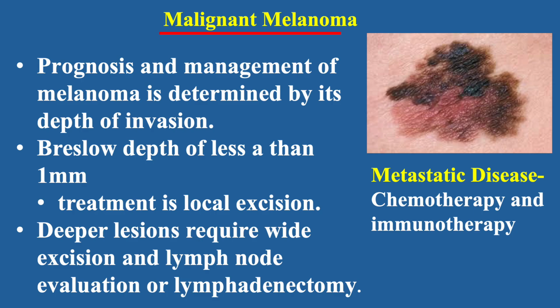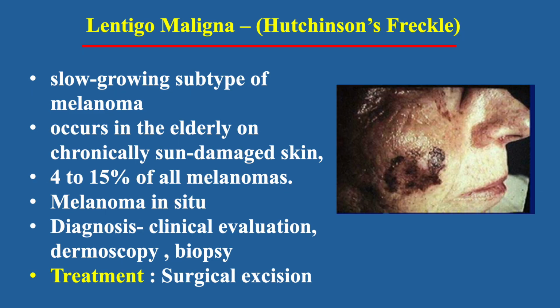Lentigo maligna, or Hutchinson's freckle, is a slow-growing subtype of melanoma that often occurs in the elderly on chronically sun-damaged skin, particularly the head and neck. Lentigo maligna is the third most common subtype of melanoma, comprising 4 to 15% of all melanomas. Mean age of diagnosis is 66 to 72 years of age.